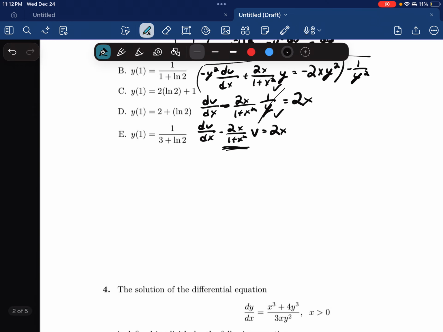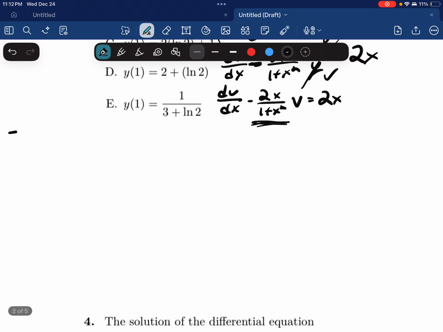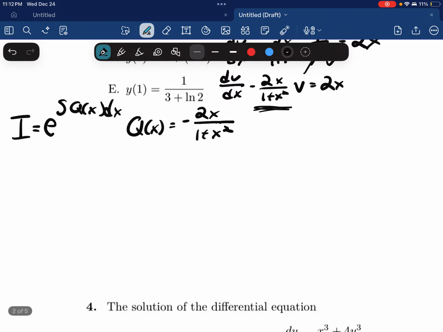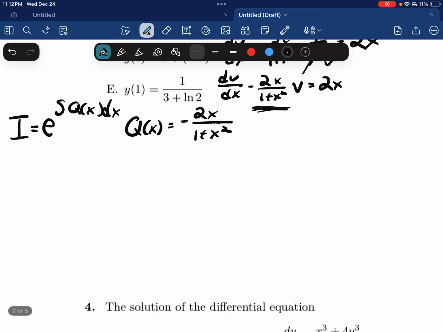Okay, so let's find our integrating factor. I is equal to e to the integral of q of x dx. And q of x is equal to negative 2x over 1 plus x squared. So e to the integral of negative 2x over 1 plus x squared dx.